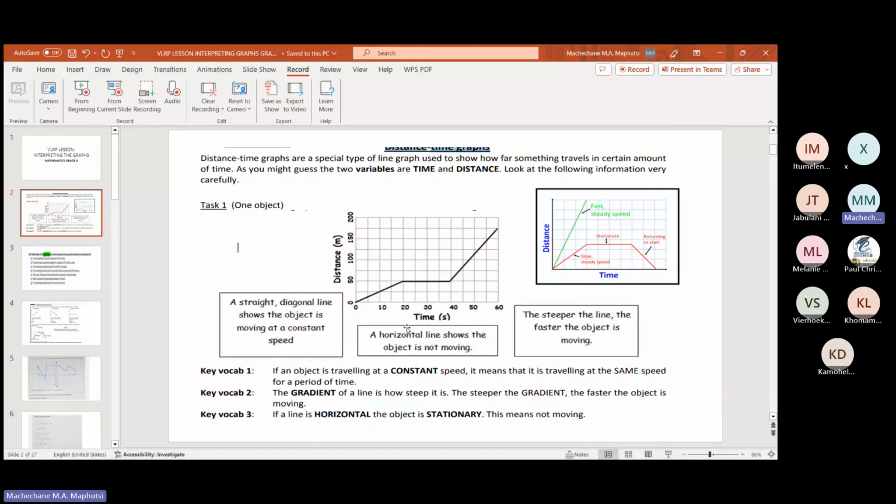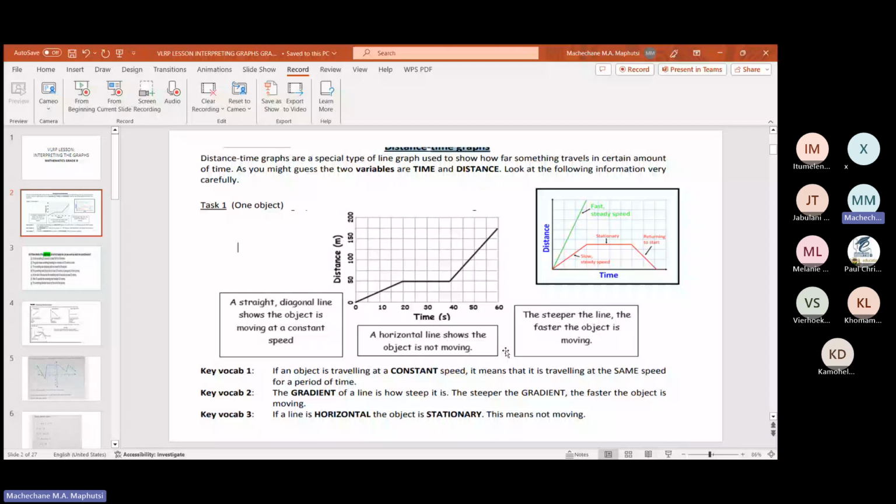Okay, now compare the two diagonal lines, the one from 0 to 20 and the second one from 40 to 60. Can you see the difference? When you compare the two diagonal lines, the first one, 0 to 20, is a little bit gentler.